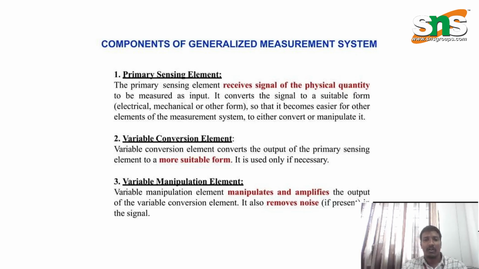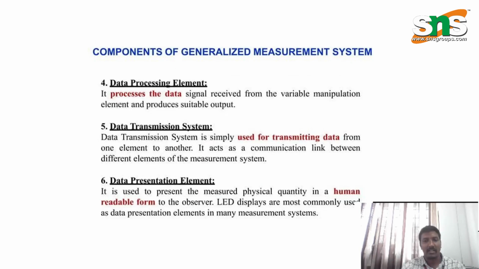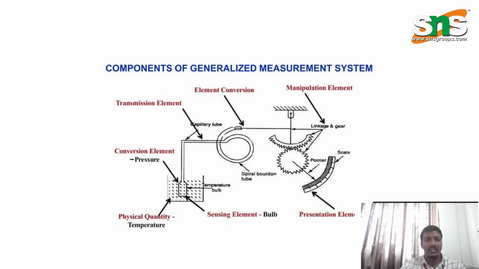I have already given the definition for every element: primary sensing element, variable conversion element, variable manipulation element, data processing element, data transmission element, and data presentation element. Now let us see how we can measure the temperature of the water. The temperature bulb should be submerged in the tank.